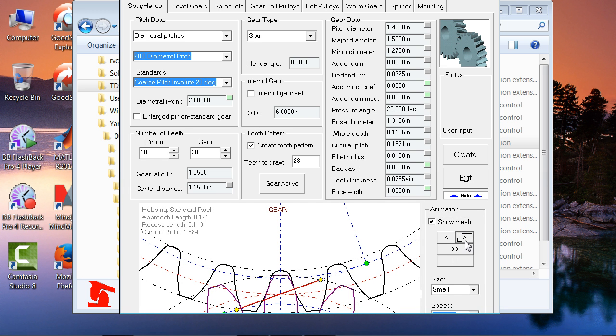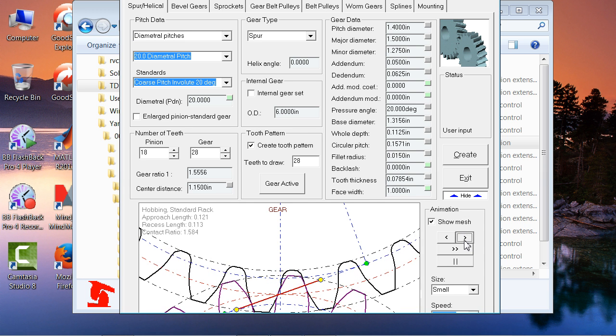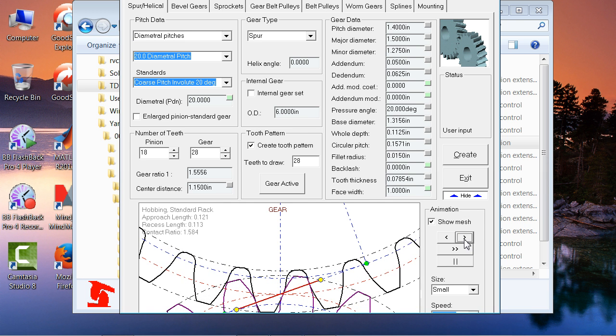But what you can do is, when it's moving, observe the contact point between a pair of teeth. This contact point always moves along this line of action.